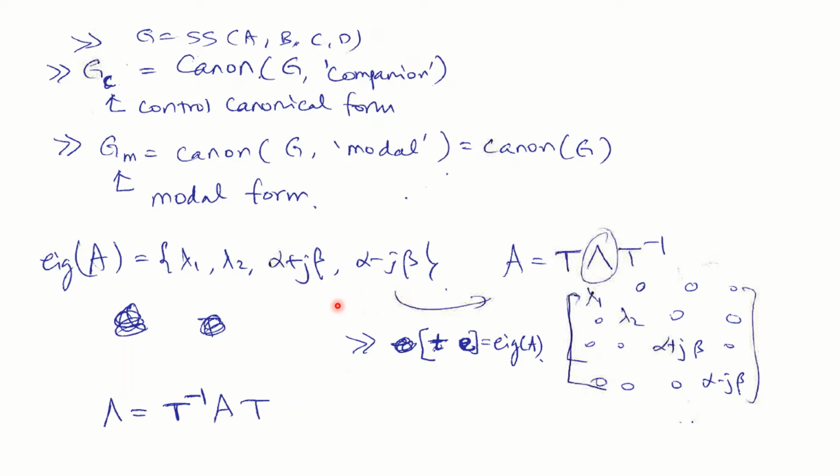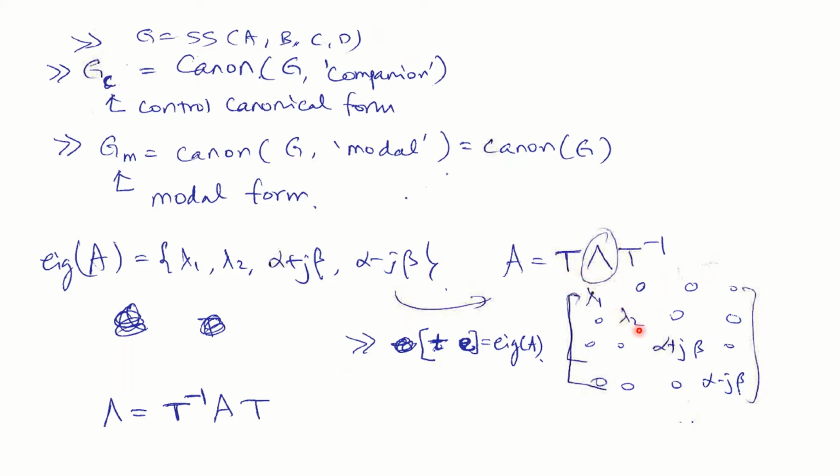Note that these two complex eigenvalues come as a pair, right? They should be complex conjugates of each other.